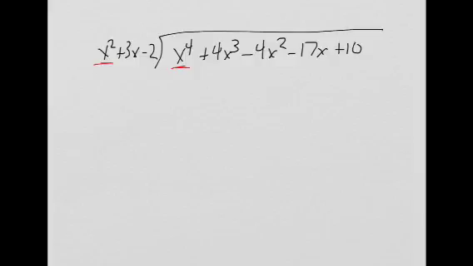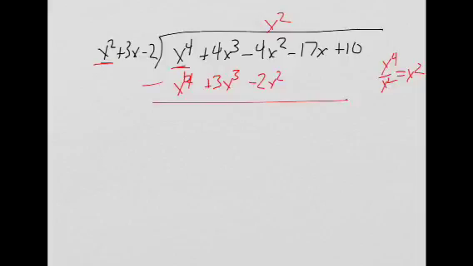You just remember, I'm going to just stick with first term. Just worry about the leading terms and then see what happens with the rest of it. So I'll start off x to the fourth over x squared is x squared. So I'll put that, line it up over the x squareds, and then I'll take this times x squared. x to the fourth, plus 3x to the third, minus 2x squared, and I subtract that.